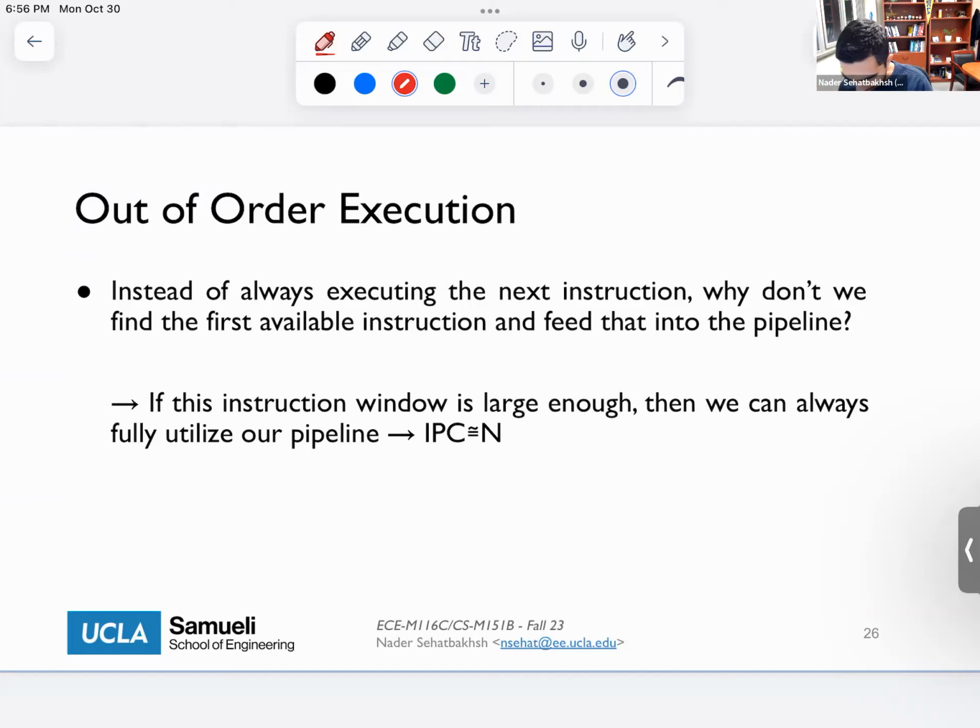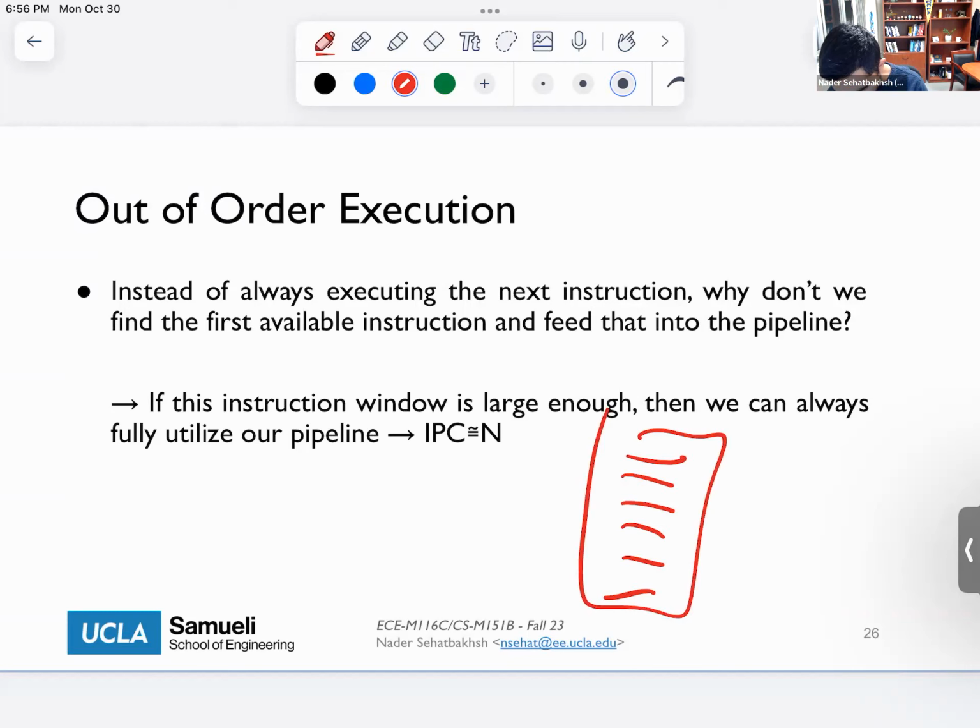For example, if I have a large window of instructions and I want to pick two at a time, I can pick this first one, and then check if the next one is independent from it. If it is, I select these two. If, for example, this one doesn't work, I can check this one. If this one doesn't work either, then I can check this one. I can continue checking, and then I finally will find something that these two can go together into the pipeline. And then the next time I can pick these two, and so on and so forth.